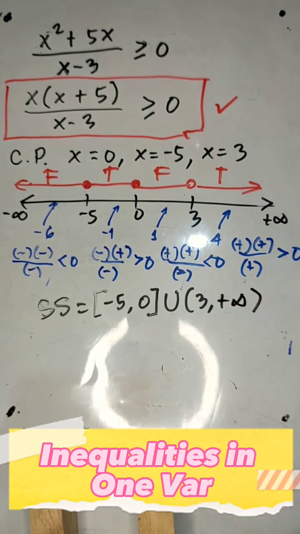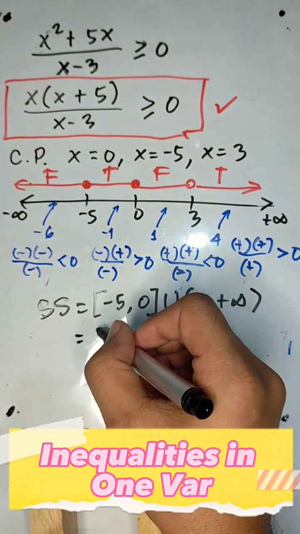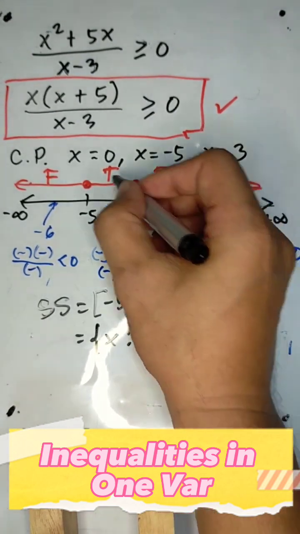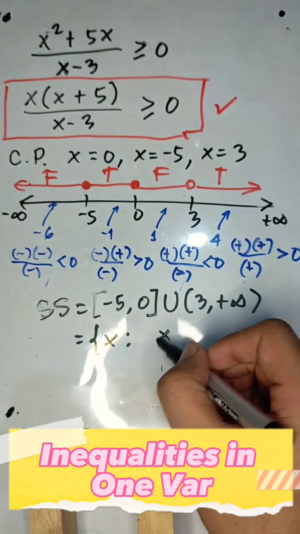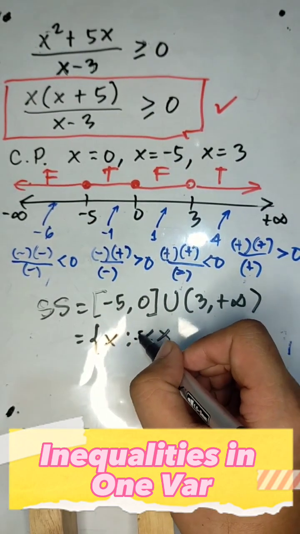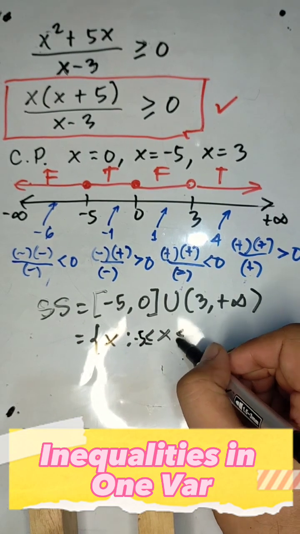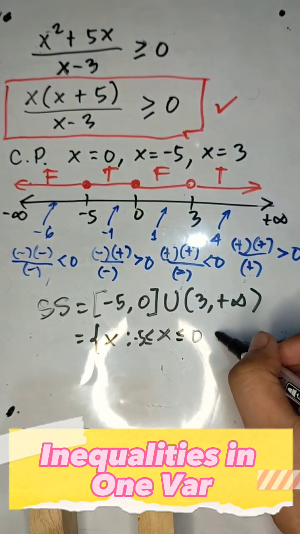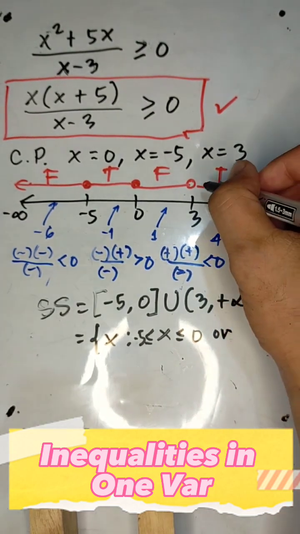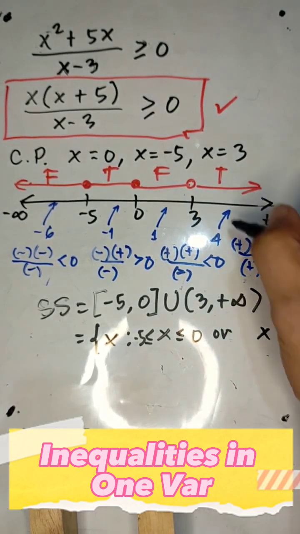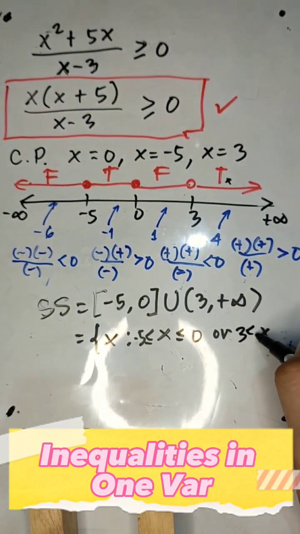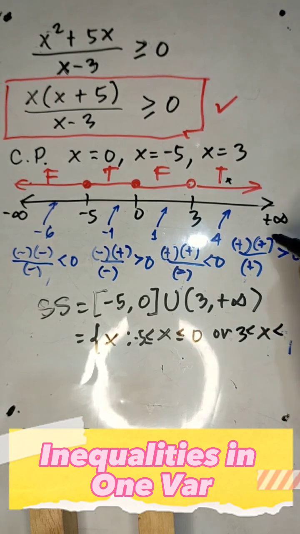Okay, there you go. If you want to write this in set notation, it is x such that x is between negative 5 and 0, or, because that's a union, x is greater than 3, which is open, up to positive infinity.